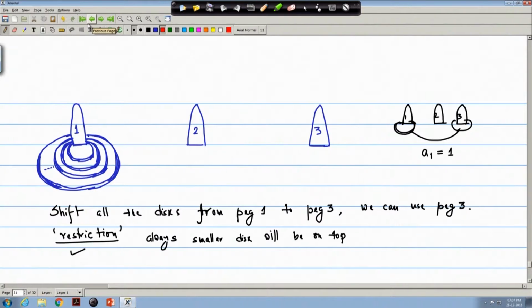Our approach should be that if I have n number of discs, and already we have seen that for one disc it is very easy, when n is greater than 1, we solve the n minus 1 disc problem.